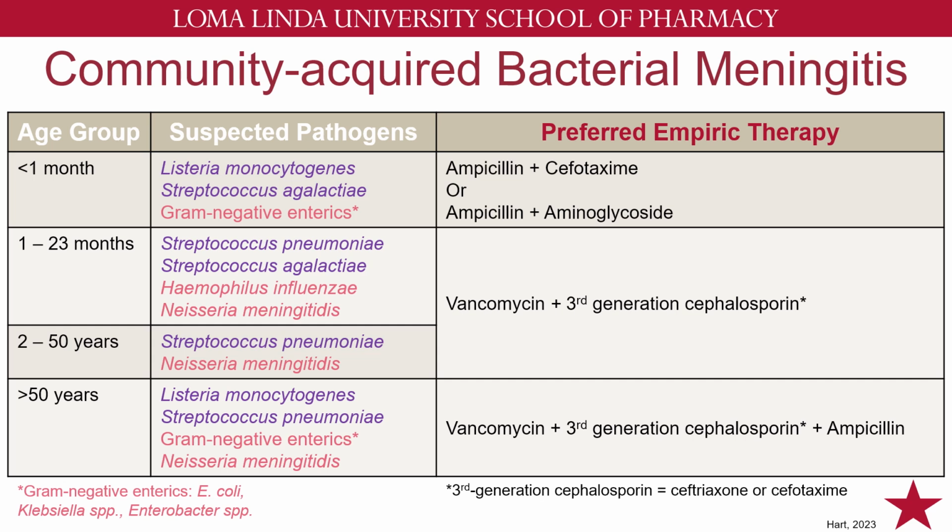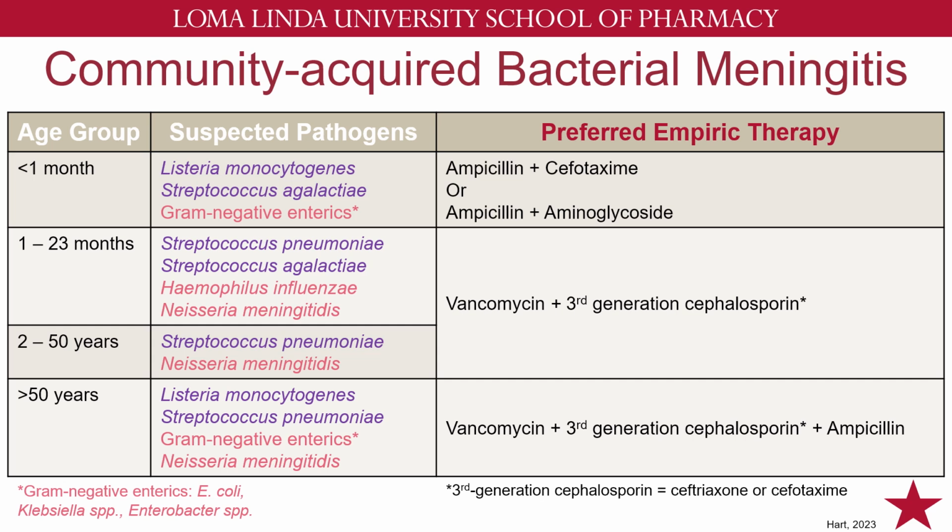This will provide adequate coverage for the organisms. And then once we start getting culture results or maybe PCR results, then we can de-escalate and we'll talk about definitive therapy later. Something important to note with these patients, they're less than 1 month, so the cephalosporin that will be used is cefotaxime. We do not use ceftriaxone in these patients.